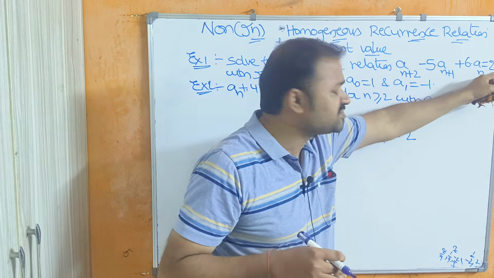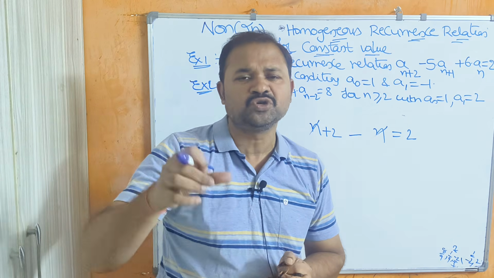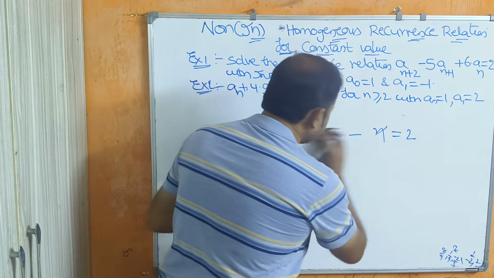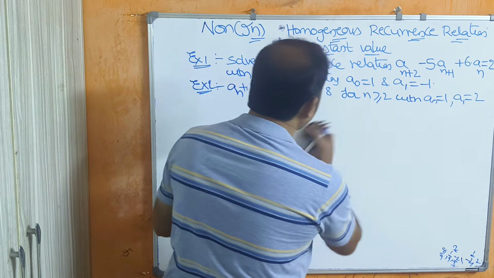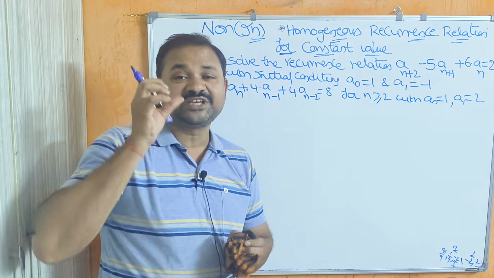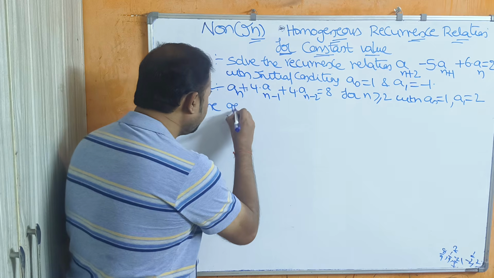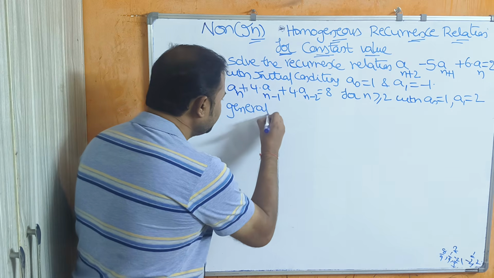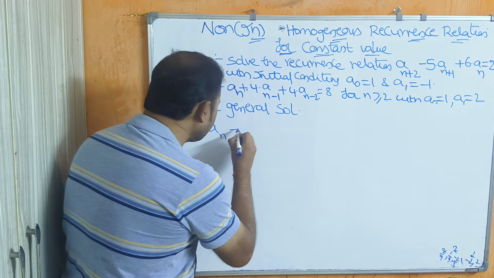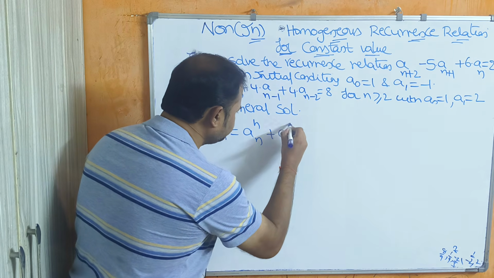So this example is second order. Here the right hand side is not 0, so this is a second order non-homogeneous recurrence relation. First you need to write that point. The general solution for a second order non-homogeneous recurrence relation is a(n) equal to a(n)^h plus a(n)^p.